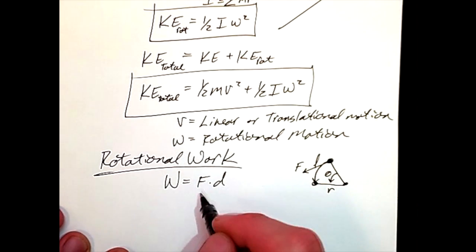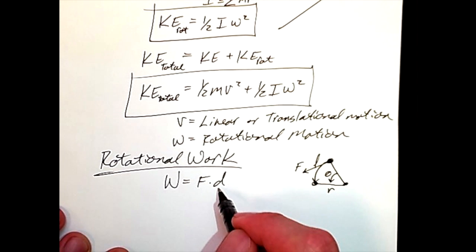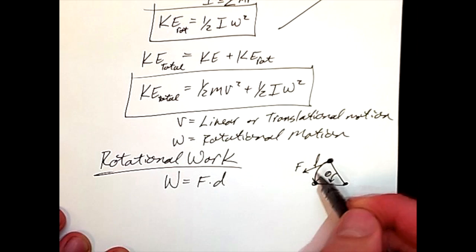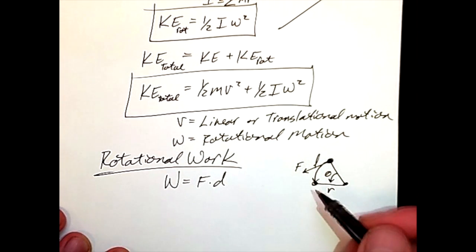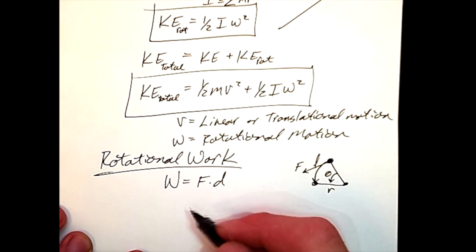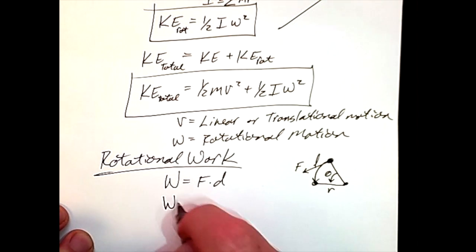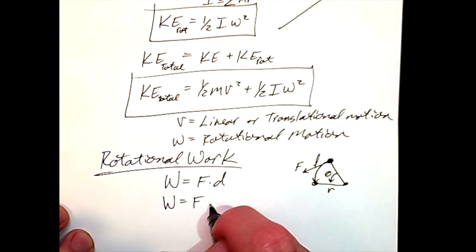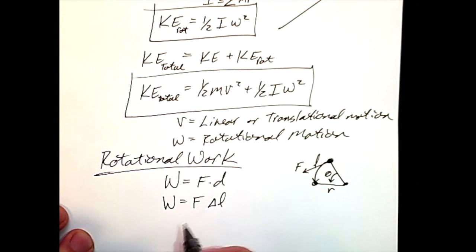And so what we're seeing is that this d can be described as the change in L from here to there, or just L from there to there. And what we've seen is that L is a function of theta, and so we know that work then could be F times the change in L in this particular case.